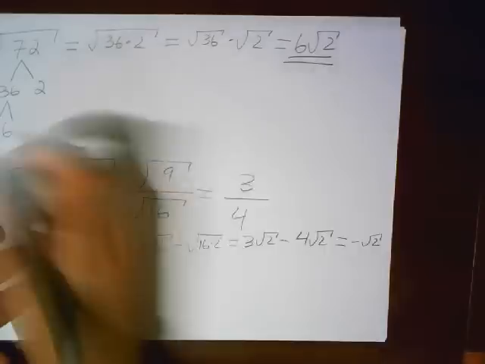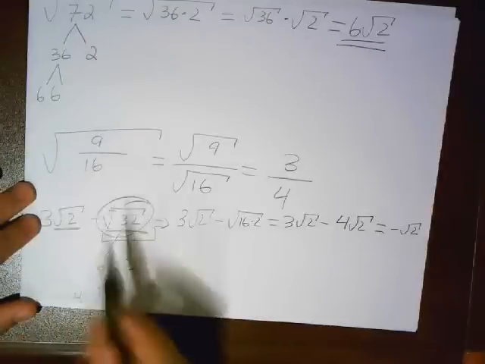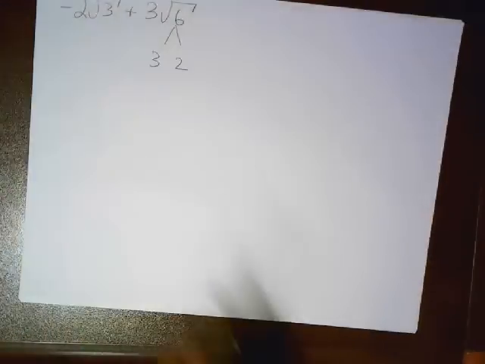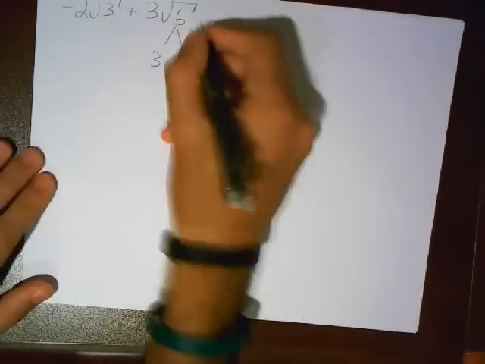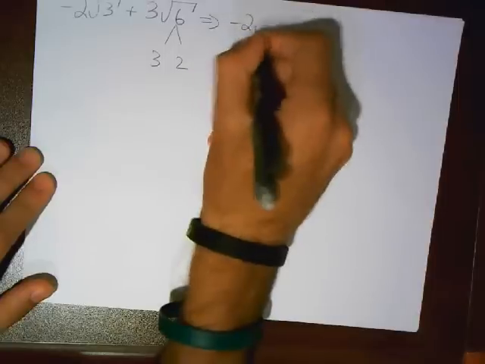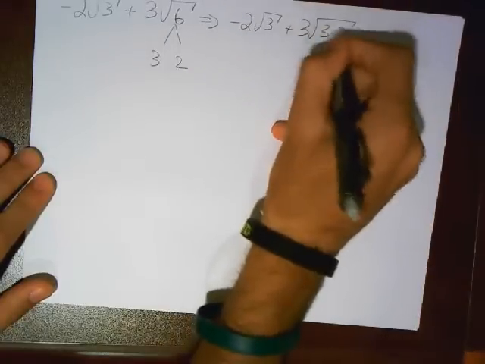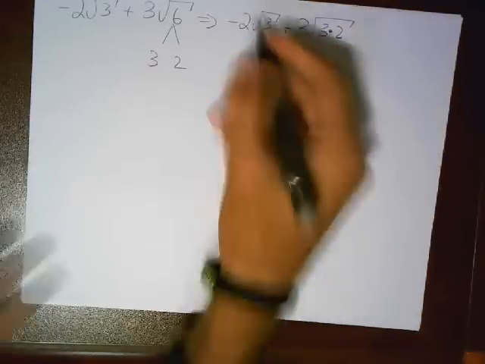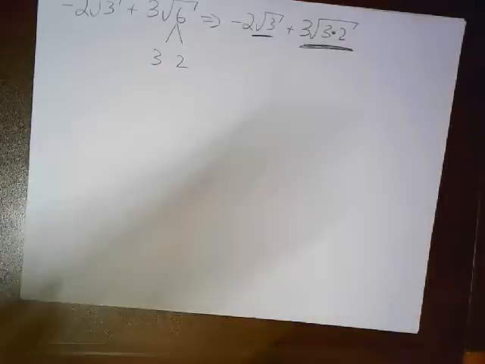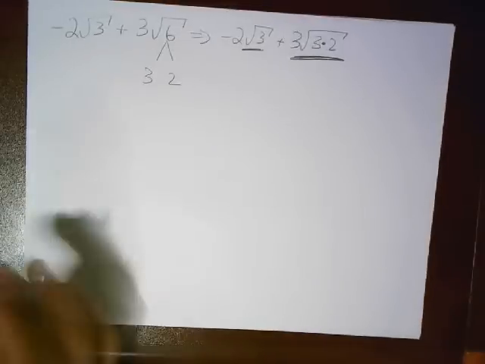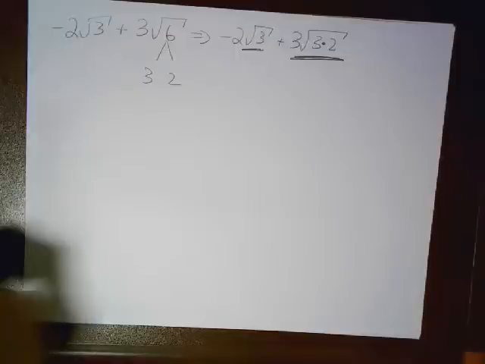Notice that's what we did over here. We had 2 6s or 2 4s. Here you can't do anything, because this is really just this. And because these are not the same, you cannot combine this at all. So this just has to stay like this.